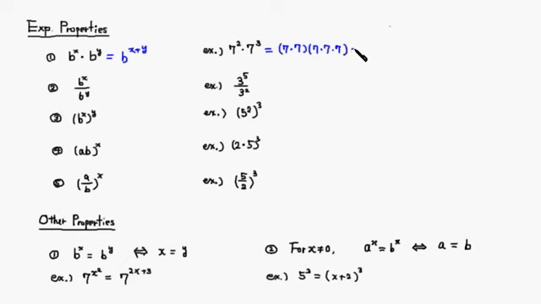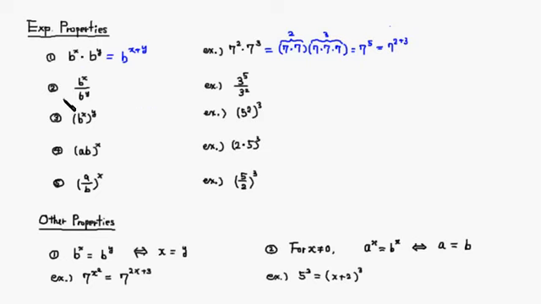How many 7s do we have? 1, 2, 3, 4, 5, so it's going to be 7 to the 5th power. But where did that 5 come from? You have 2 7s from here, and you have 3 7s from there. Add them up, you get 5. So this is really 7 to the 2 plus 3. That's why you will get b to the x plus y.